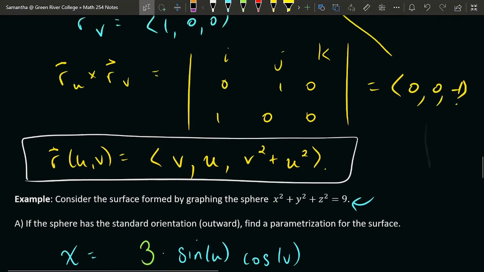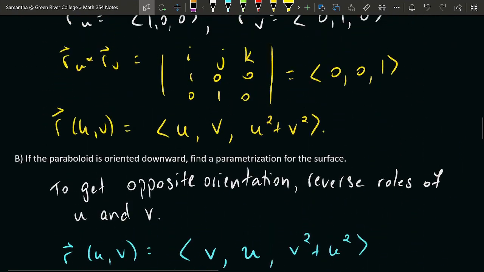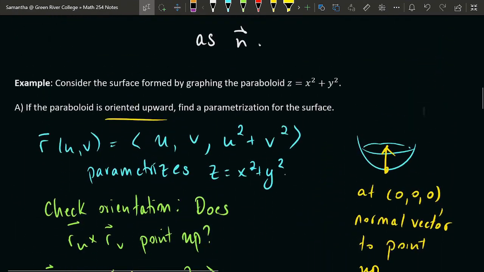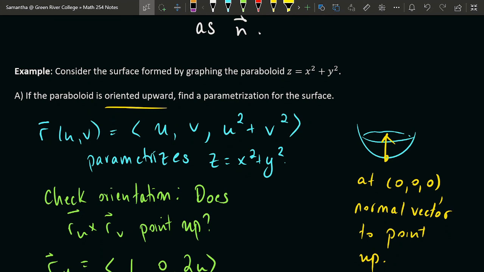I am also expecting you to be able to parameterize surfaces that come from graphing equations of the form z equals some function of x and y, because functions of this format can be parameterized very easily by just setting x to be equal to u and y to be equal to v, or vice versa. That concludes today's material. We will be using parametrized surfaces in the next several days of lecture to figure out surface integrals.